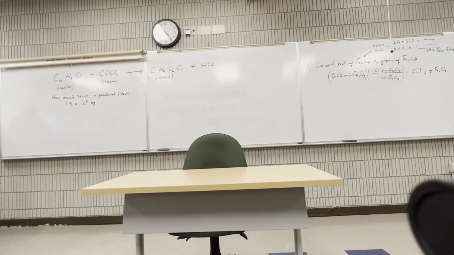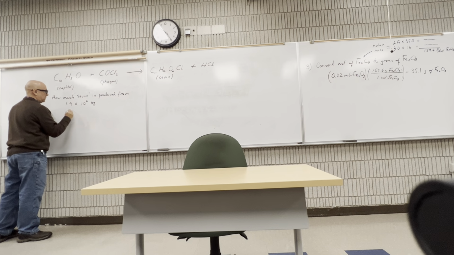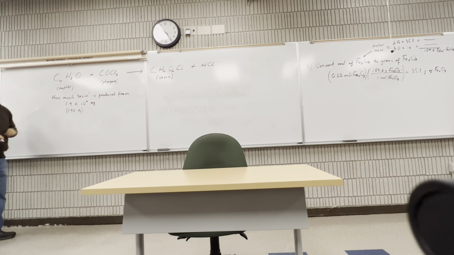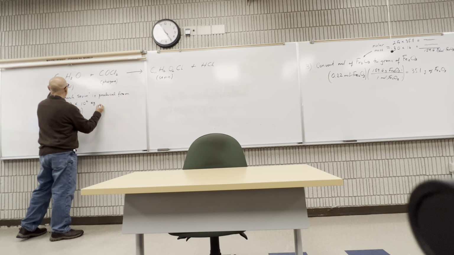It's almost like the book reminds us not to forget that we learned scientific notation a long time ago. I hope you can make the conversion in your heads to decimal notation, and that is essentially 190 kilograms, right? The same thing. So how much Sevin is produced from 1.9 times 10 to the second kilograms of naphthol?